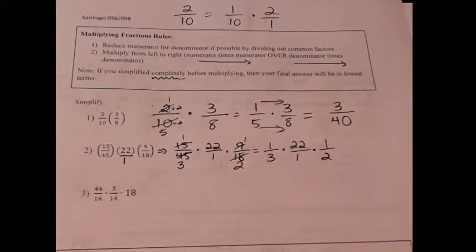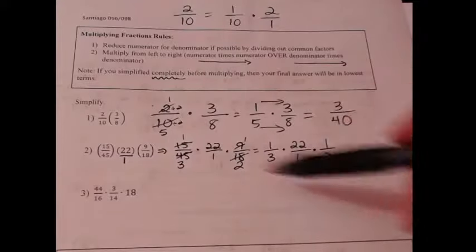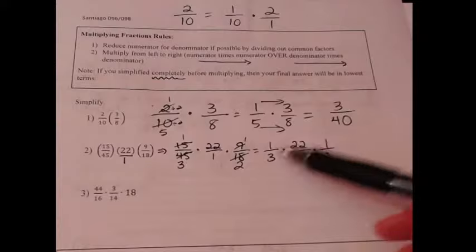But am I done reducing? Rachel, that's perfect. You noticed that 15 over 45 reduced to 1 over 3. But am I done reducing? No, absolutely not. Take a closer look. Remember, we can reduce numerator for denominator, and it's okay if they're in other fractions, as long as the fractions are connected by multiplication.